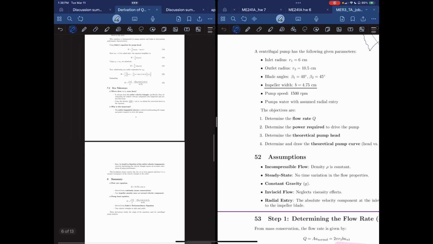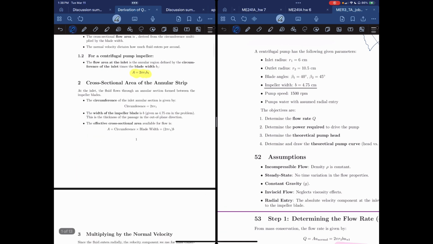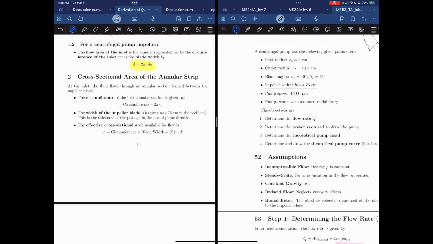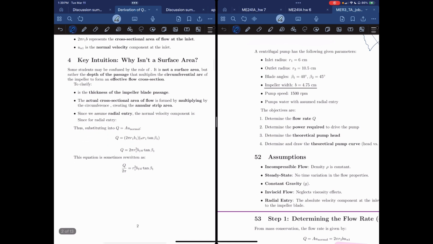Okay, so this goes over the full derivation since there was confusion on A and B. Continuing, I plug it in, get that equation. Those are what the variables represent. So it's not surface area, it's the impeller blade thickness.